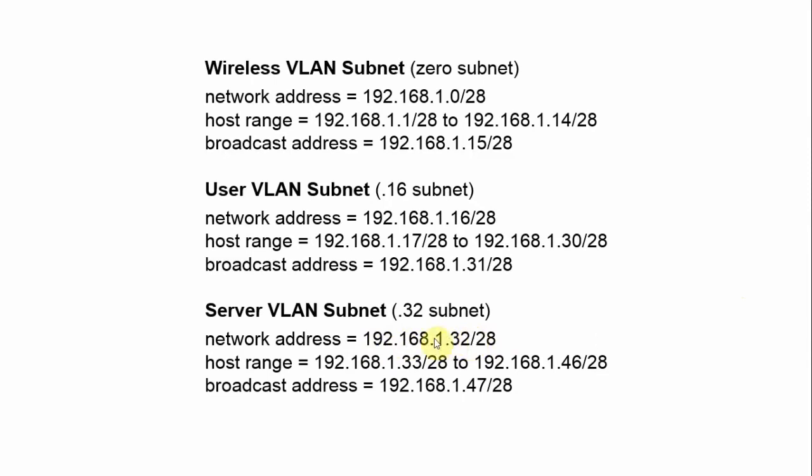It's just using subnetting, but routers will route based on network addresses. And 33 is the first host IP address available, and that goes through to 46 because there's 14 addresses, and 47 is the broadcast address. The next subnet would be .48 if you wanted to add, say, another server VLAN.